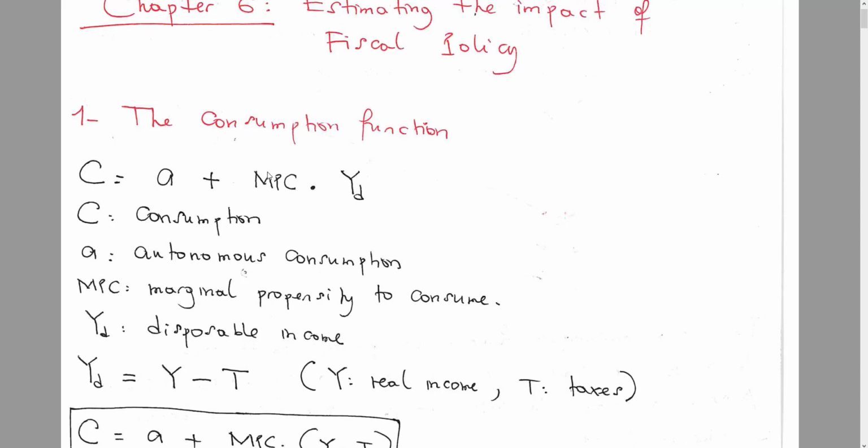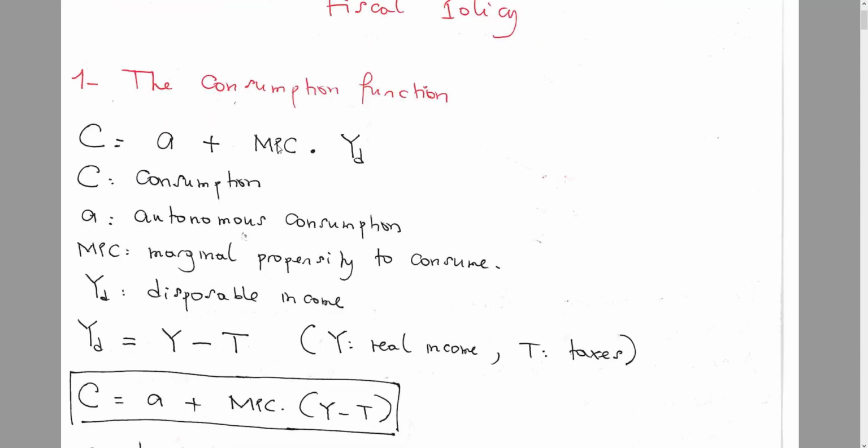The MPC, marginal propensity to consume, is the percentage of the disposable income that is consumed. Generally, there are two things that people do with their disposable income: they consume and they save.